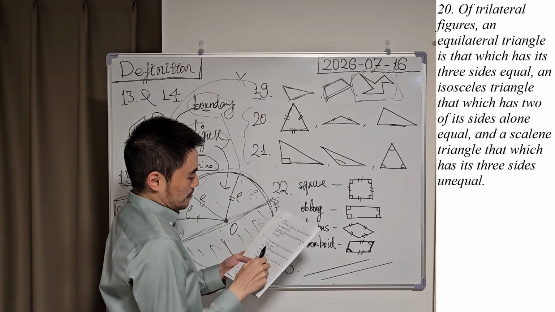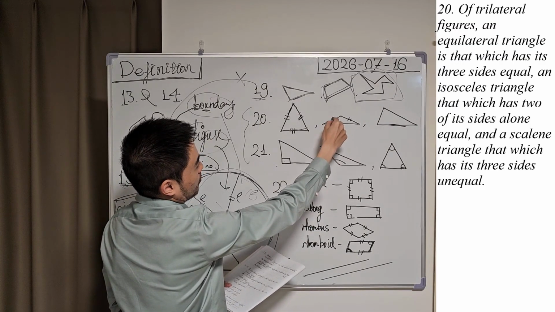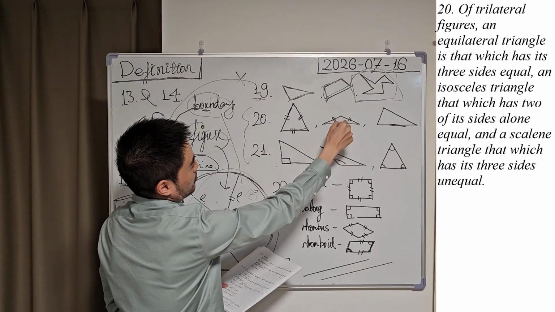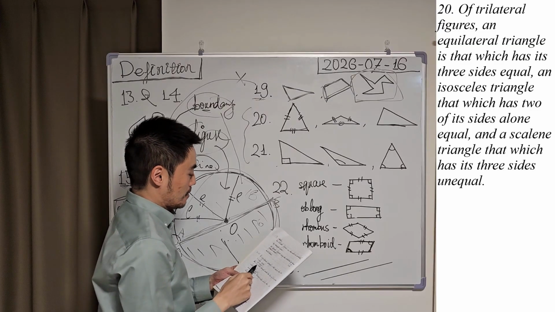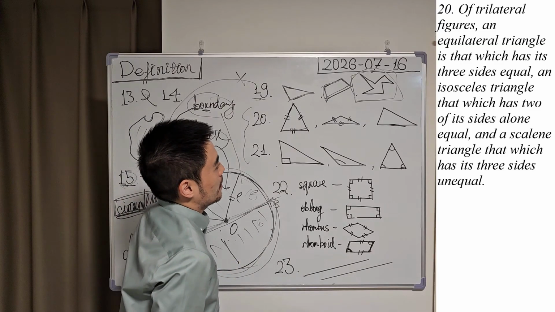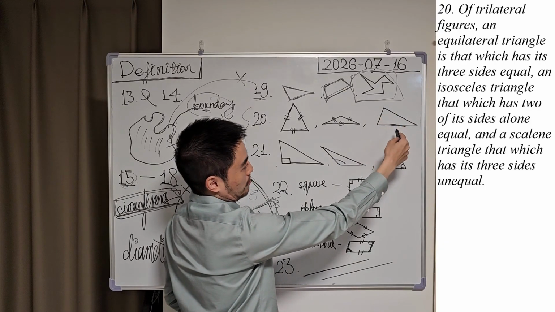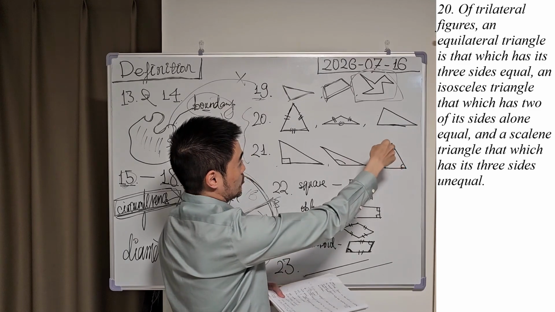And if it has 2 of its sides equal alone, but they are not equal to the third side, this is the so-called isosceles triangle. And if the 3 sides are not equal to one another, they are all unequal, it is called a scalene triangle.